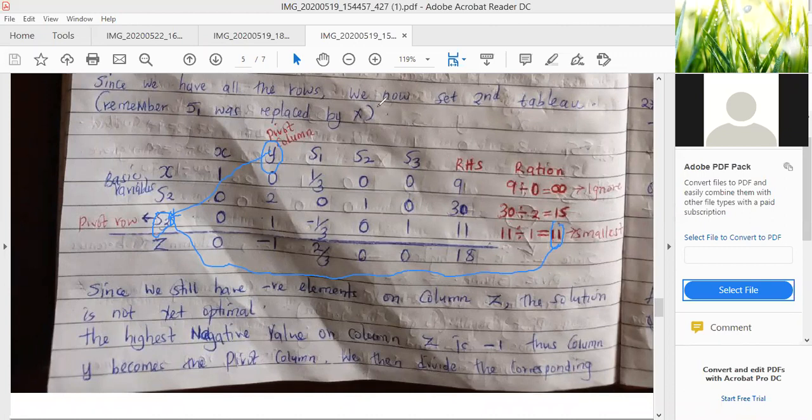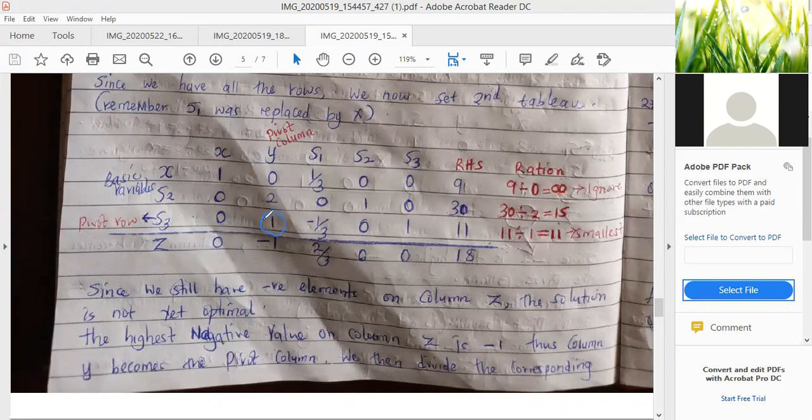So how do we now change any other element corresponding to the pivot column to be equivalent to a 0? We first of all have the elements which will constitute our new entering variable Y. At the point of intersection between a pivot row and a pivot column, we come up with what we call the pivot element.